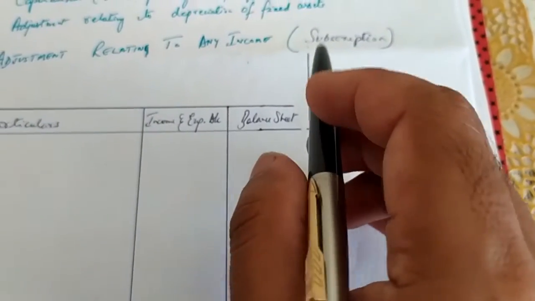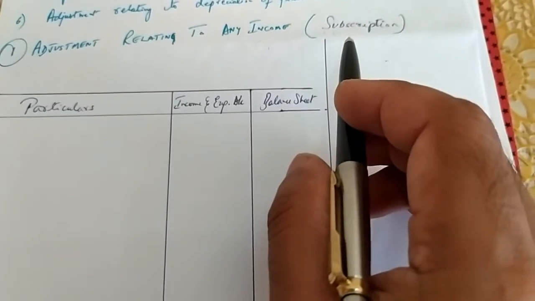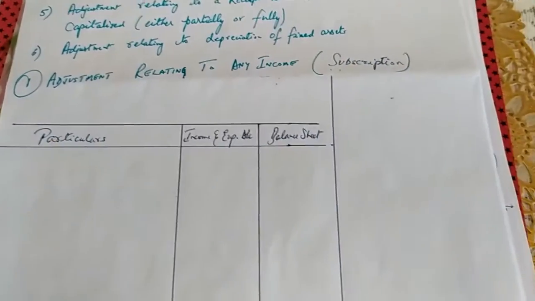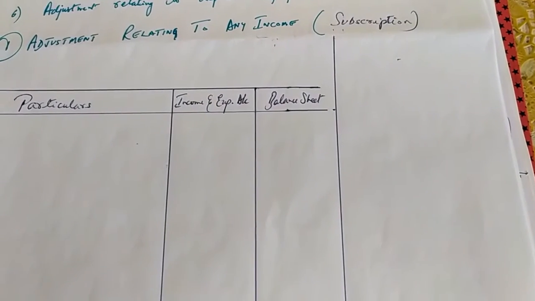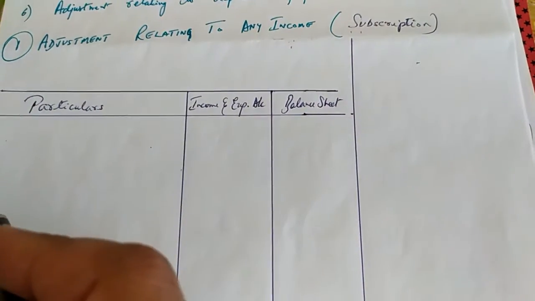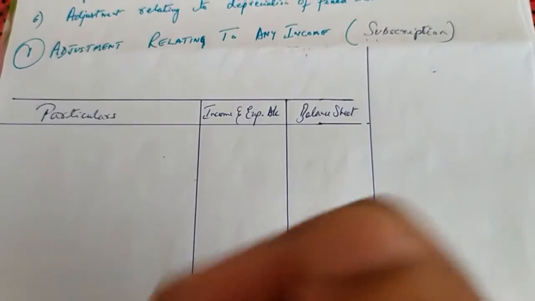But this will be commonly applied to subscription, because subscription is one of the main sources of income for a non-profit organization. Now, as I was mentioning, the adjustment relating to income may be in the form of received in advance or yet to be received, that is, in arrears.